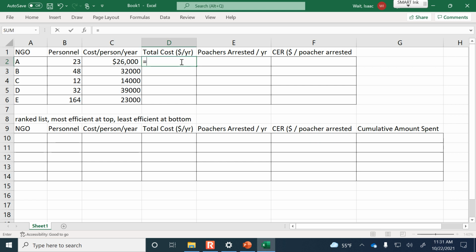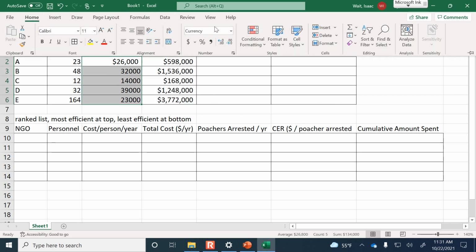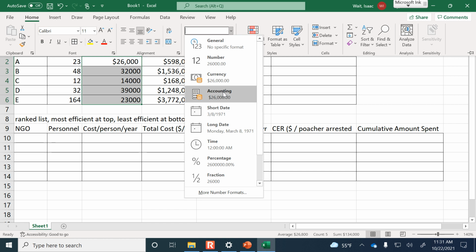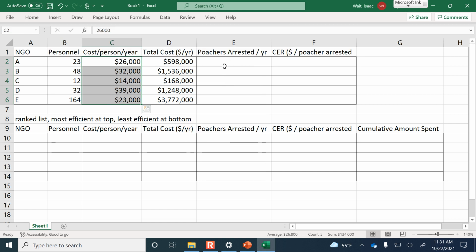Total cost, of course, is the number of people multiplied by the cost per person. And let me just format this as money. The poachers per year was given. Cost per poacher arrested.